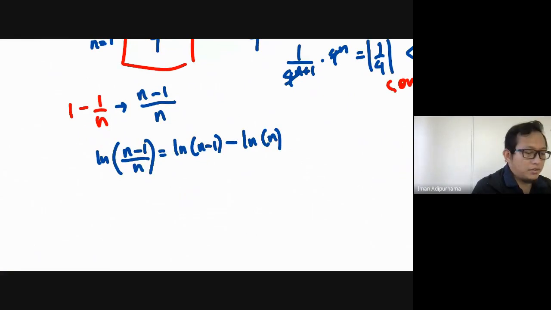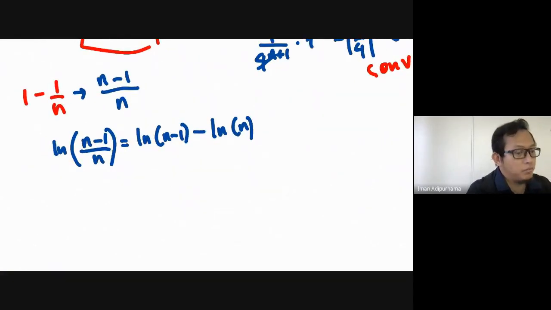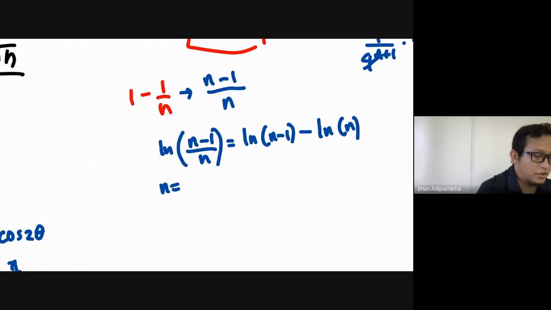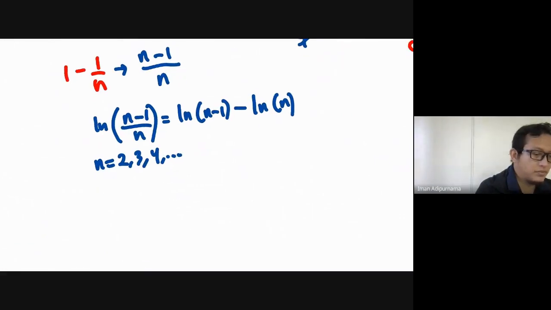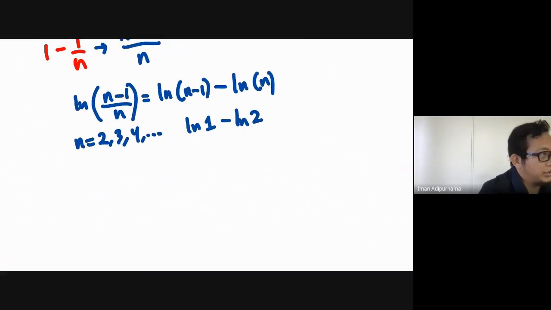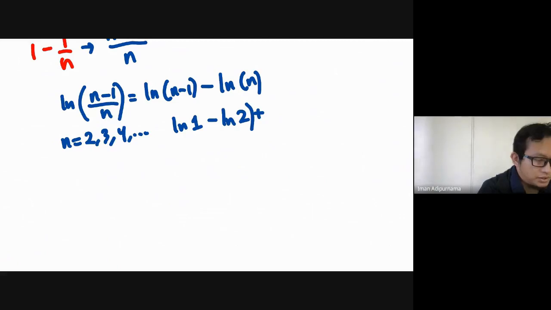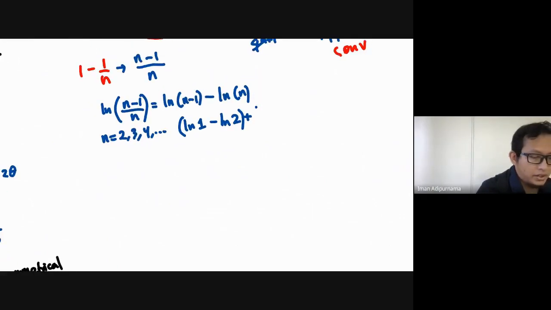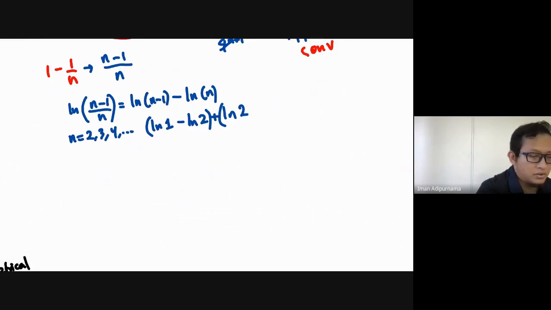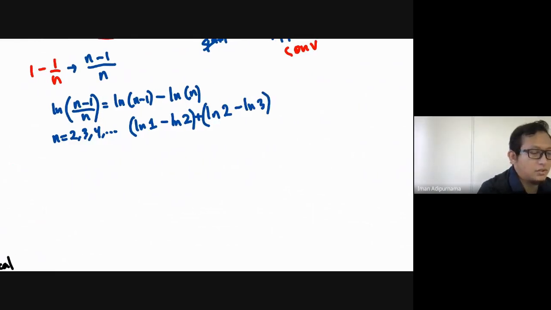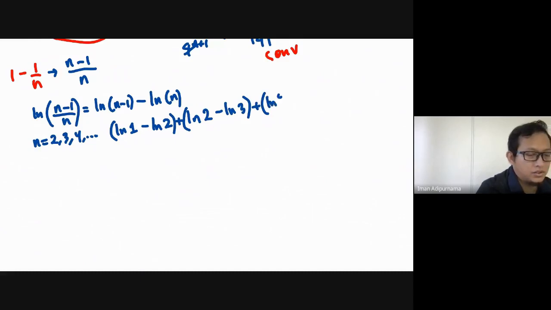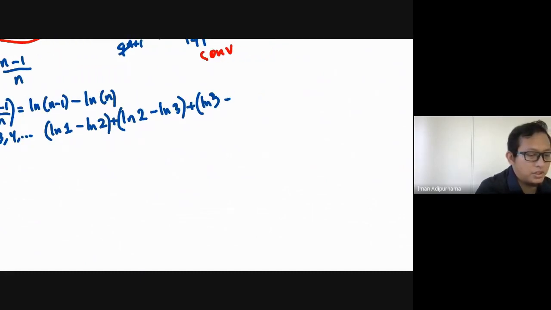Okay, we are doing it this way because if you check n from 2, 3, 4, and so on, let's check with n equal to 2, it will be ln1 minus ln2, right? Check with n equal 3, so it should be plus, ln2 minus ln3, and then check another one, it becomes ln3 minus ln4.